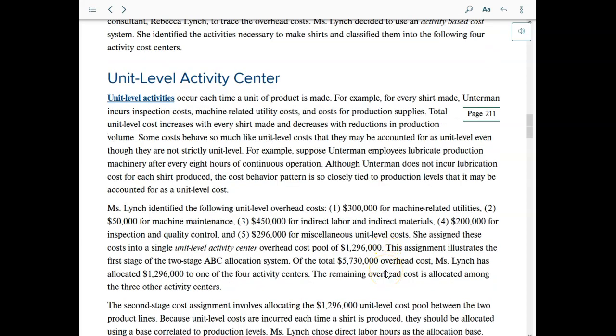Now, if we get into activity-based costing, we look at, again, various activity centers. A unit level activity center is a cost involved for making the various units. In this scenario, usually the more units you make, the more this cost is going to be. It could be machine related, it could be machine maintenance, it could be indirect material, indirect labor, but this is a unit level activity.